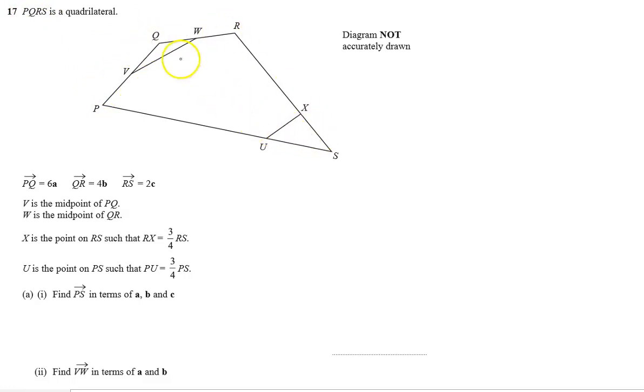PQRS is a quadrilateral. PQ is 6A. QR is 4B. And RS is 2C.